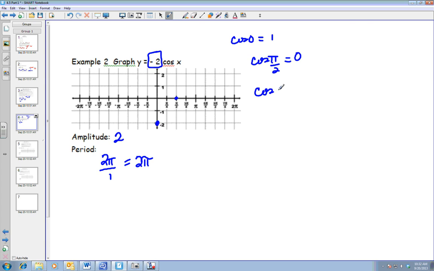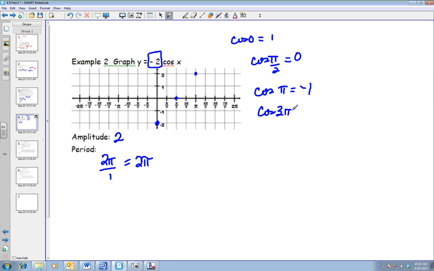Our other easy point was cosine of pi. Cosine of pi is normally negative 1. So normally at pi, I would go down to negative 1. But since my amplitude is 2, I would normally go down 2. But since it's flipped, do you see I'm going to go here?